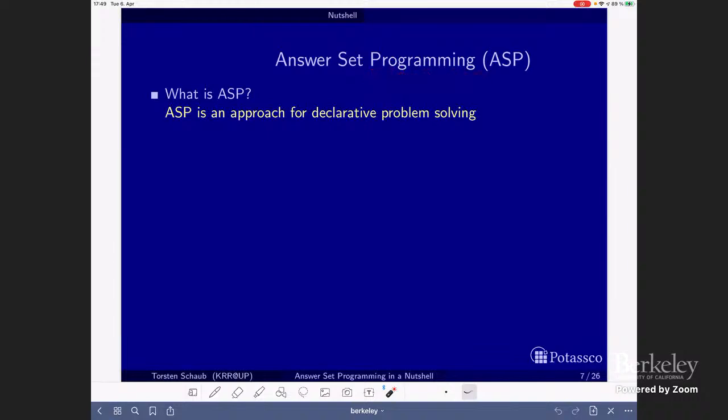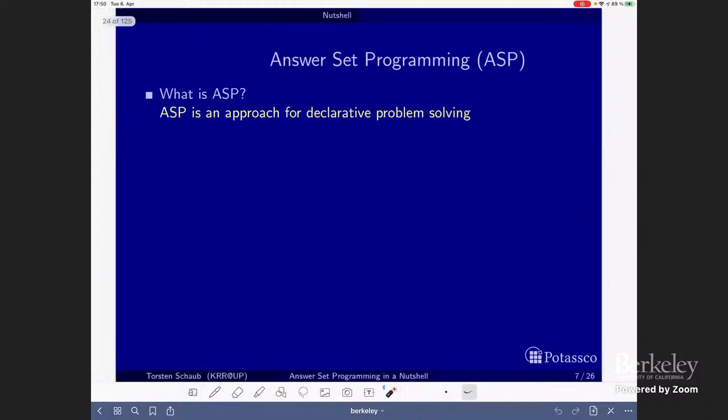Because at least for me, programming is something where you exercise control. And the idea, of course, here is that you only pose your problem and there's no control involved. You completely decouple your specification from the execution, right? And that's actually why programming is more or less just a historic thing, and it's a bit unfortunate.